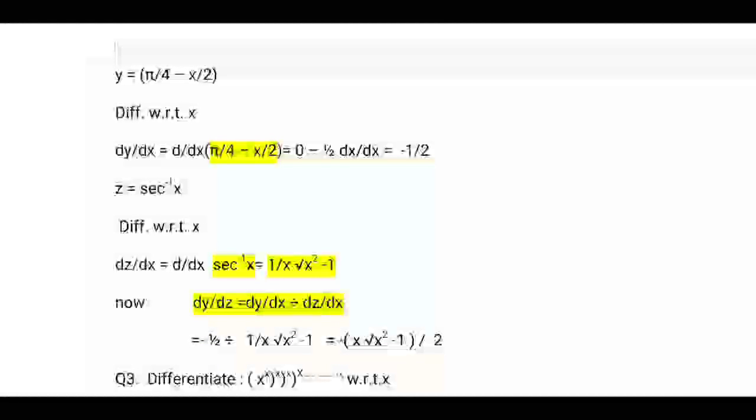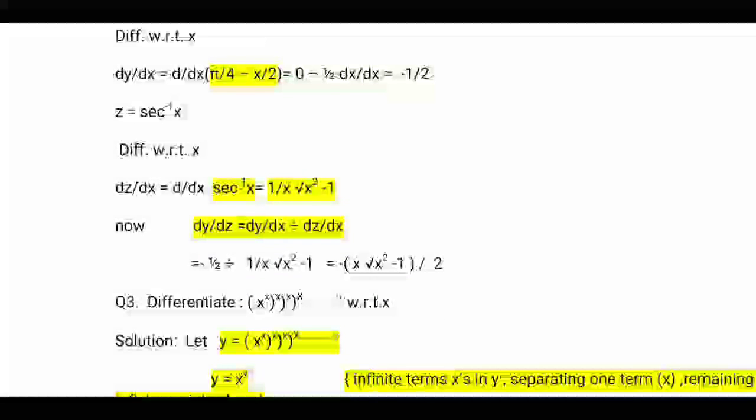This is the value of dy upon dx. Now another function z, that is sec inverse x. Now differentiate both sides with respect to x, we get dz upon dx is equal to d upon dx of sec inverse x. Differentiation of sec inverse x is 1 upon x under root x square minus 1. Now we have both the values dy upon dx and dz upon dx, so we can find out dy upon dz by putting our values.